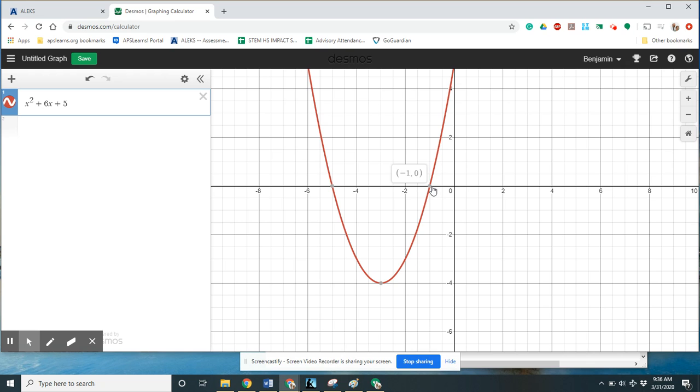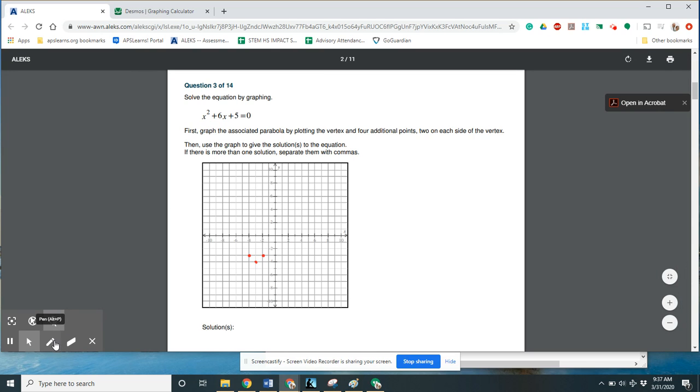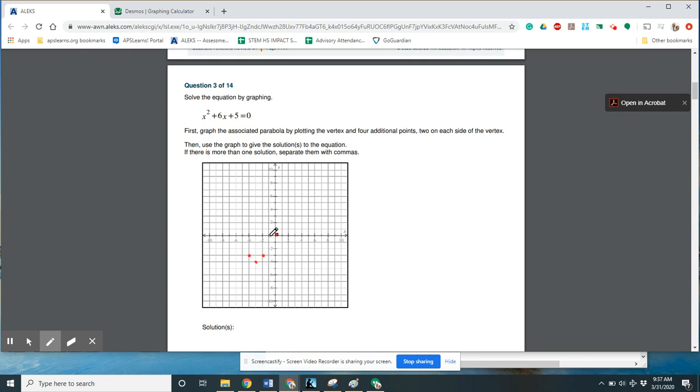we want the points where it's equal to 0, so it'd be -1 and -5. So put those points on there at -1 and -5. And the solutions to this equation, because we want the output to be equal to 0, would be these 2 points here where the y or the output is 0.